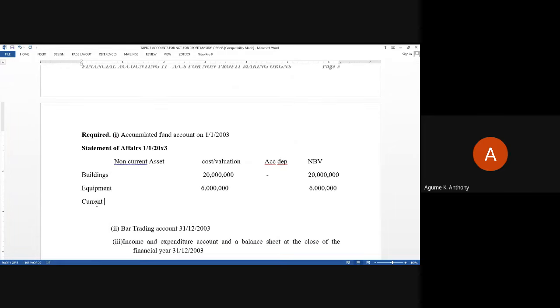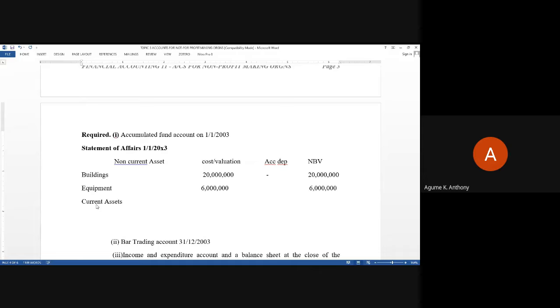And among the current assets, I have bar stock. And I'm taking the balances at the beginning of the period, not at the end, because I want to determine my opening position at the beginning. So you have bar stock, and this bar stock is 250.